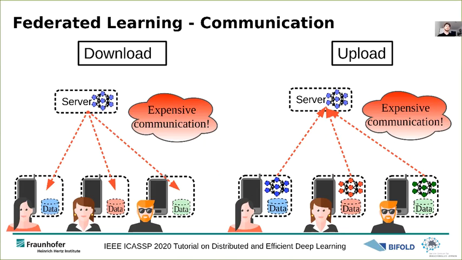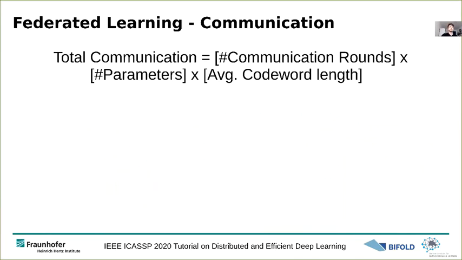As I told you, every communication round of federated learning consists of one download phase where the server broadcasts an initial neural network parameterization to all available clients, and an upload phase where the clients send back their updated neural network models to the server. So in every communication round we have an upload and a download.